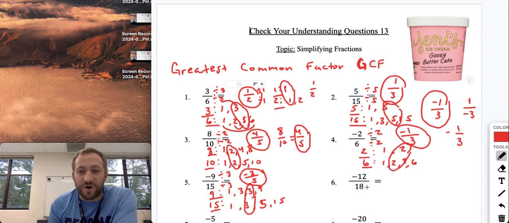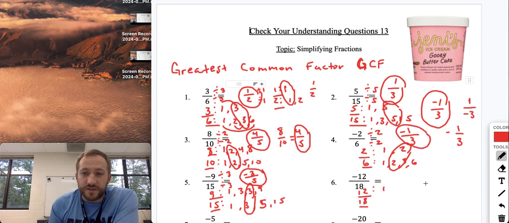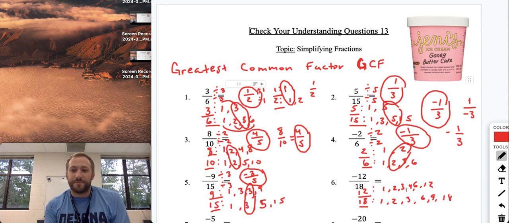Let's look at this one, negative 12 and 18. If I wrote the factors of 12, I'd have 1 and 12, 2 and 6, 3 and 4. For the factors of 18, I'd have 1 and 18, 2 and 9, 3 and 6, and that's it.